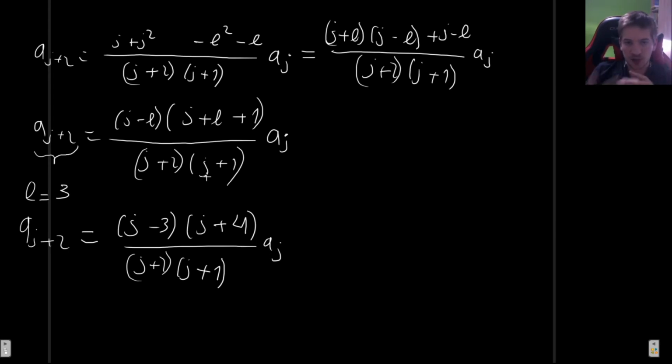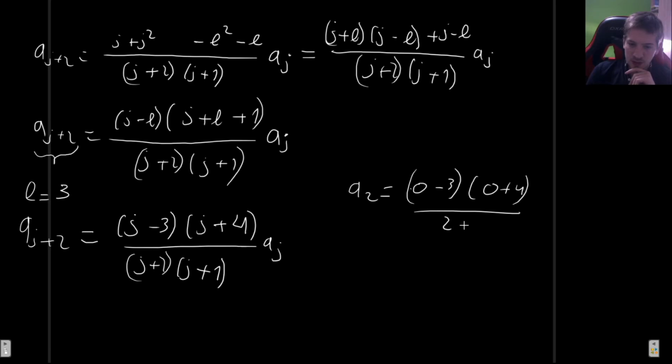Because remember, our solution is just the value of all of the j's. Well, let's see what happens if we begin at 0. If j is 0, we get that a2 is going to be (0 minus 3)(0 plus 4), and then 2 times 1 times a0.